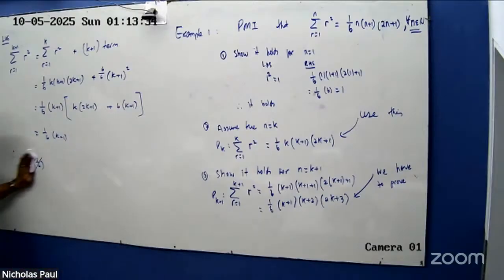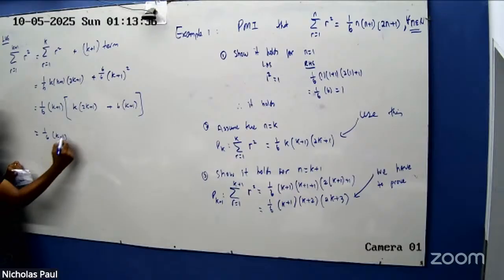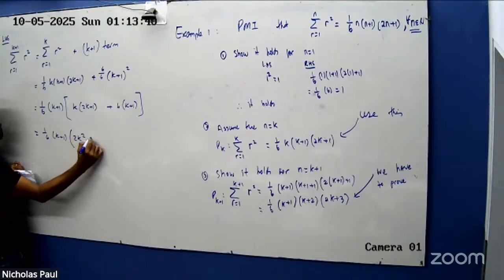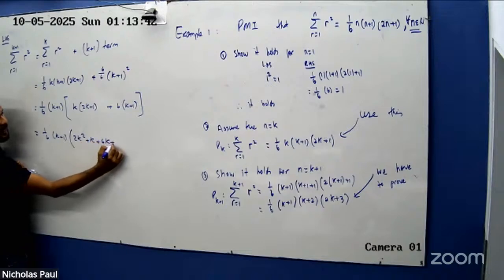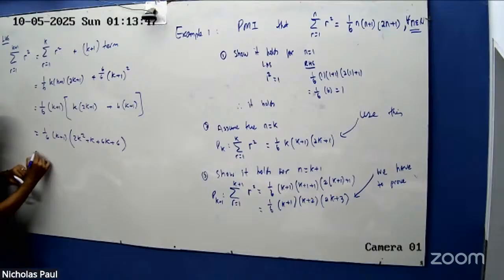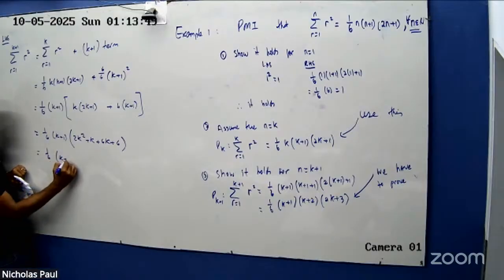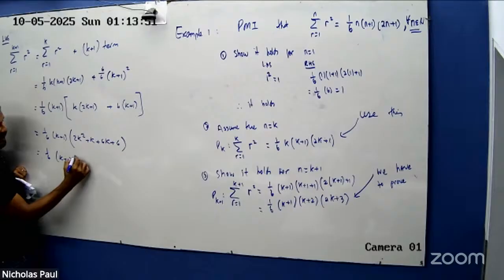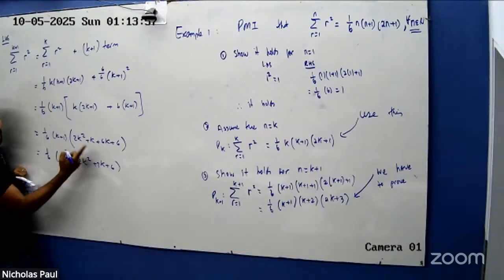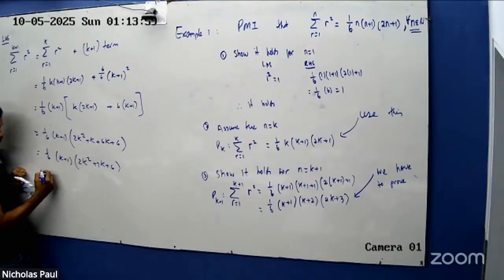Right now, outside okay. Inside now, I have 2k squared plus k plus 6k plus 6. That's okay? So I'll get 1/6 by k plus 1 times, inside here, 2k squared plus 7k plus 6. And now I can do a little factorization.